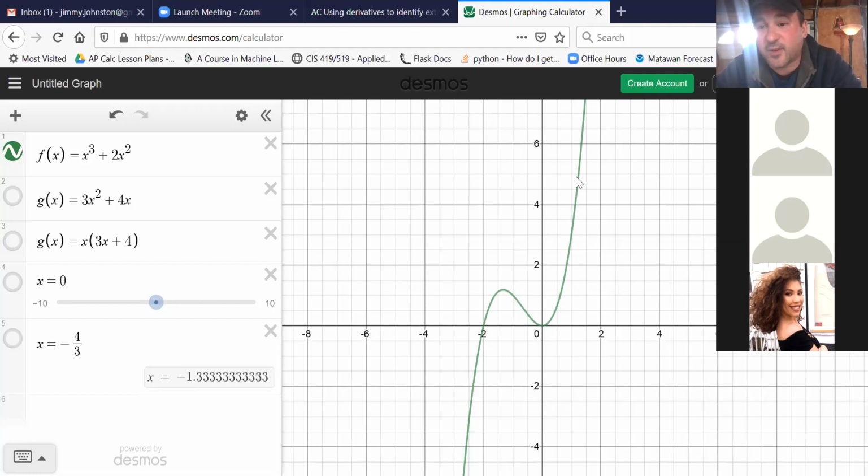See, here's an increasing function. It's got positive slope, and it has an upward concavity. But over on this part right here, you've got an increasing function, but it's got downward concavity. So the first derivative test doesn't give us any information about that, but the second derivative, using the concept of the first derivative test, will give us that.